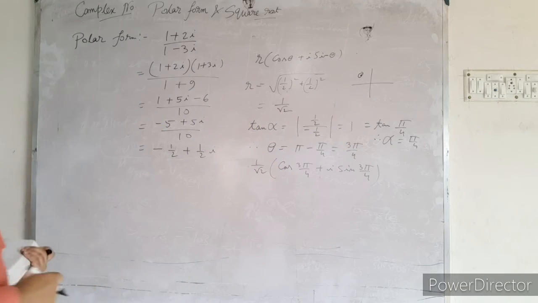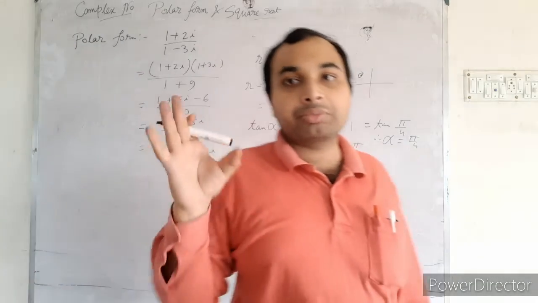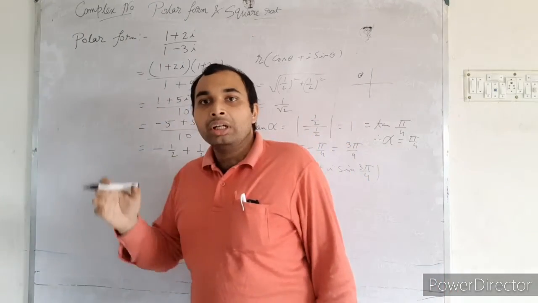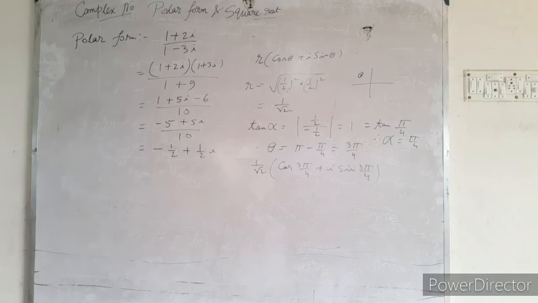So in this way, if the complex number is in fractional form, then you have to reduce that fractional form into the linear form, and after that, as before, you follow the method and you will get the result. Okay students, this is all about the polar forms that we discussed previously and now also. And now we are going to discuss the square root of a complex number.